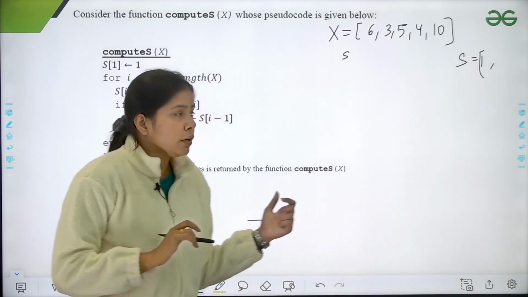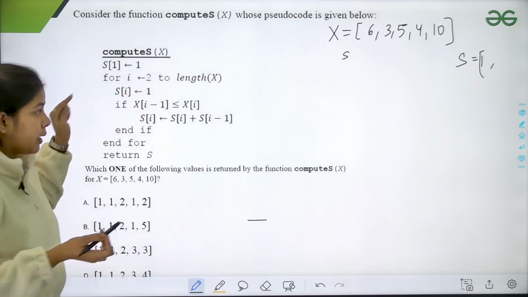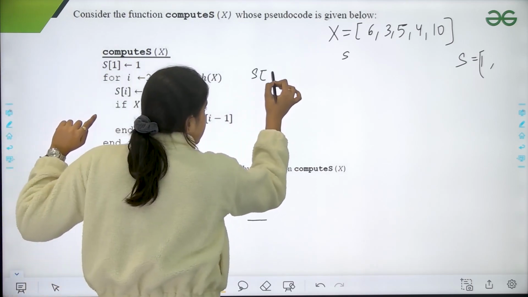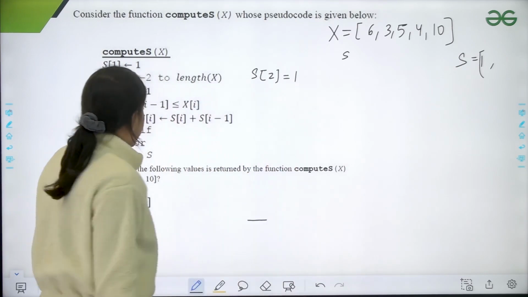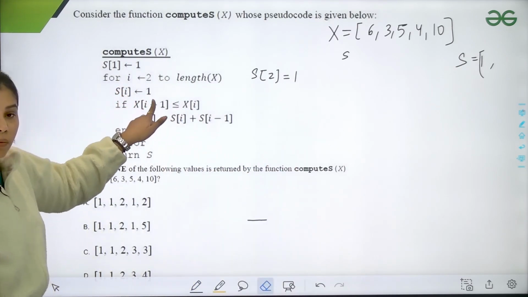Now I have to work on the second value. For I equals 2, S of 2 becomes 1, because S of I is equal to 1.